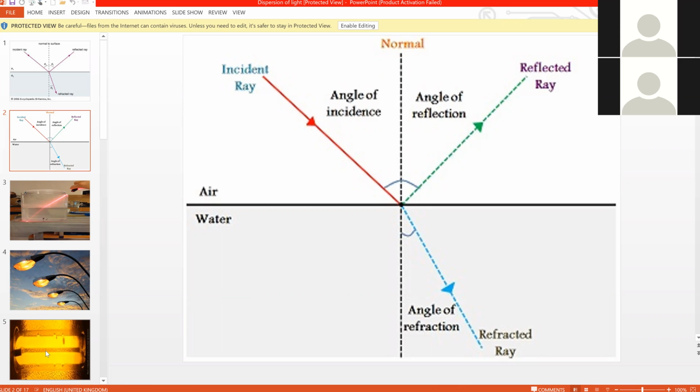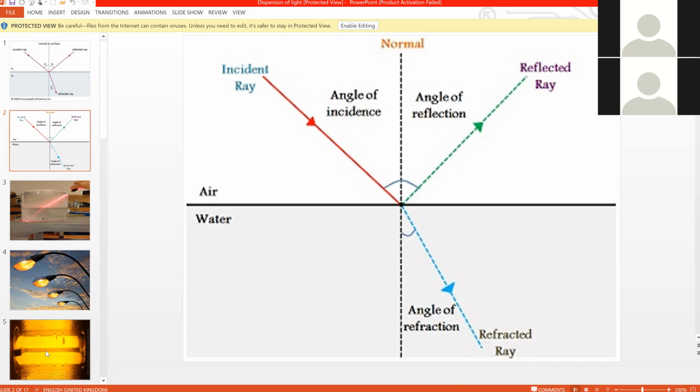It gets bent at the surface separating the two media. This is the blue colored ray you can see clearly. That bending of light when traveling from one medium to another is called refraction.